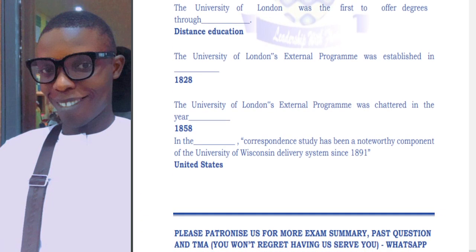Now, they told us a little bit of history about the University of London and how it came about, being that particular institution that offered the degree using this method for the first time. They told us that the University of London's external program was established in 1928. So this was a kind of build up to this landmark achievement.